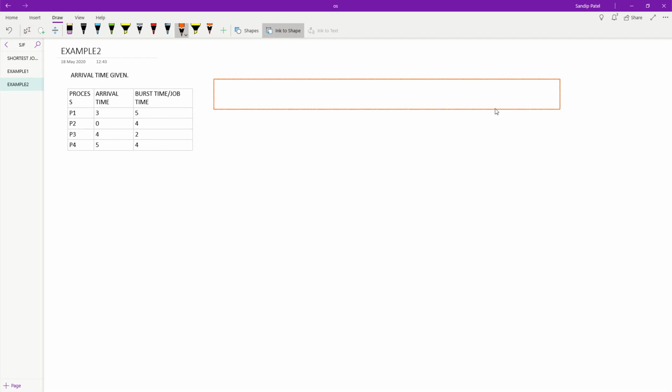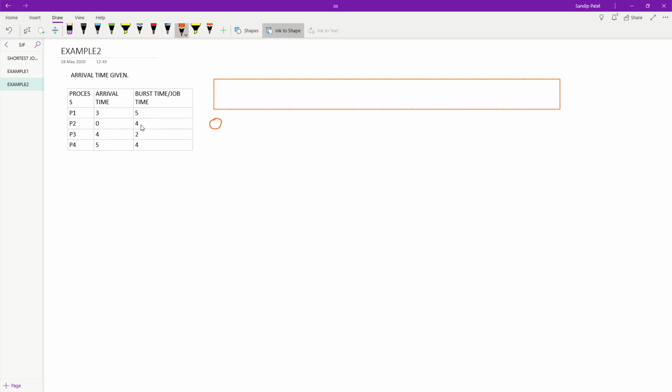Now our next aim is to select one of the processes, right? Which process will we select among these? We will start at 0 milliseconds. Look at these processes at 0 milliseconds. How many processes are in the ready queue? That is only P2, right? No other processes are there. P1, P3 and P4 are coming later on. So we will consider only P2.